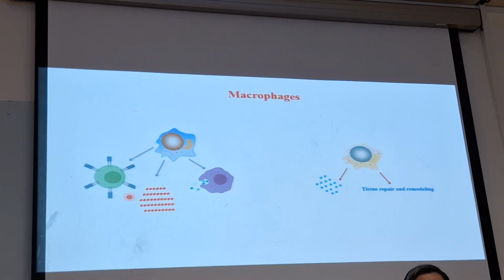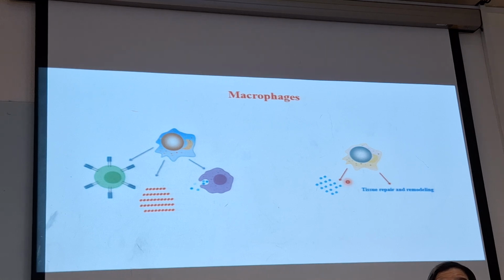On the contrary, we have another type of macrophage in our body called alternative macrophage or non-classical macrophage. They are regulatory macrophages. After eliminating pathogens, these alternative macrophages start producing cytokines like interleukin-10 and TGF-beta.